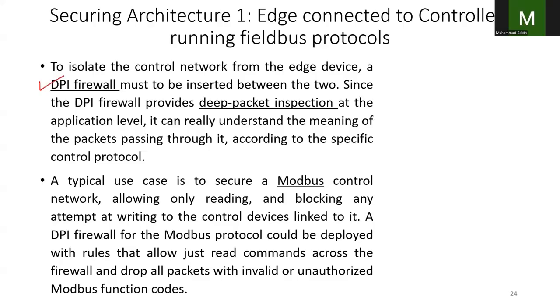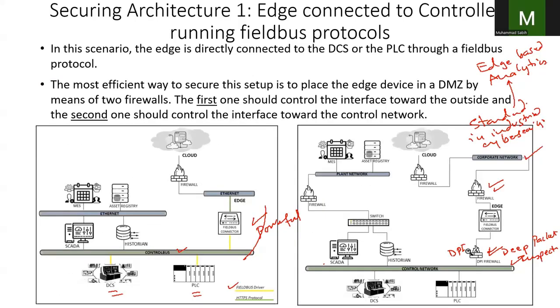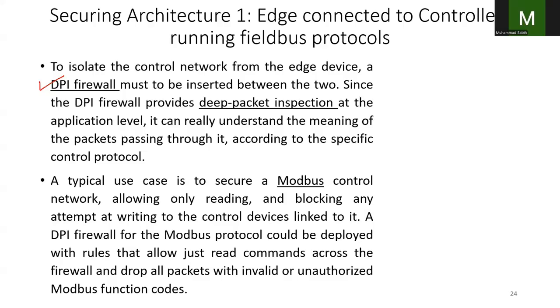This firewall was placed between the edge device and the control network. It operates at the application layer, meaning that it does not just look at the header or ports. It actually understands the semantics of the protocol, because this is DPI.